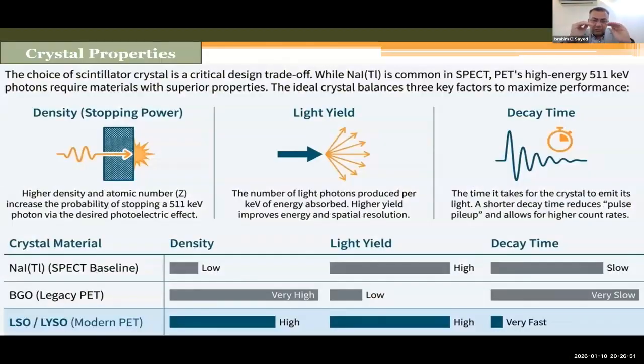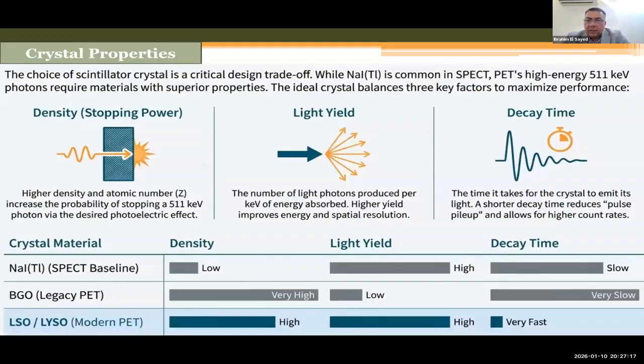Starting from the first one, the crystal should have some properties. The first one is the density, which describes the linear attenuation coefficient. This describes how effectively the crystal stops the annihilation photons. For example, sodium iodide is weak, BGO is strong, LSO is strong, so it differs from one crystal to another.